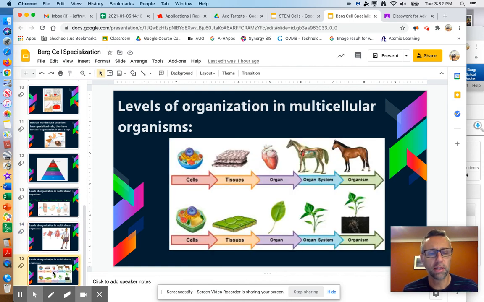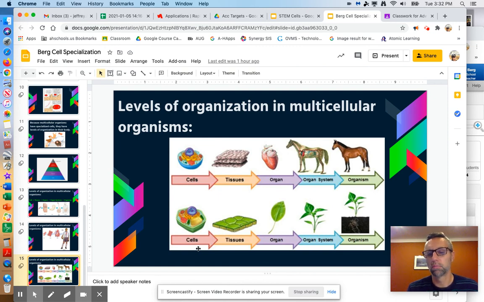Again, same idea that we looked at in the last few slides. On this slide, the only thing I wanted to point out is that in addition to animals and humans, plants can also have specialized cells.